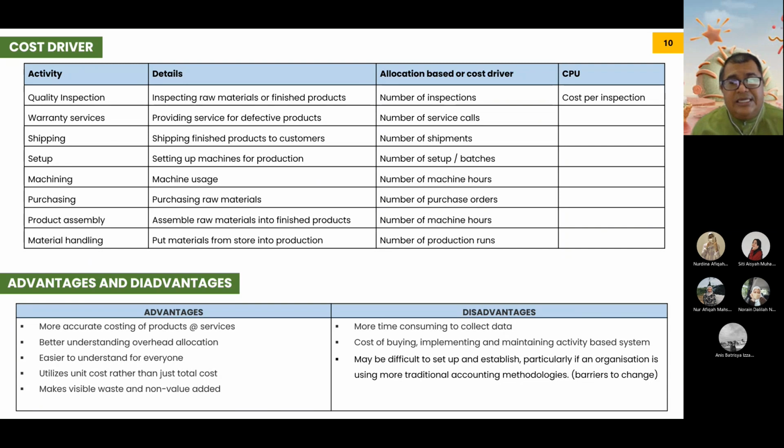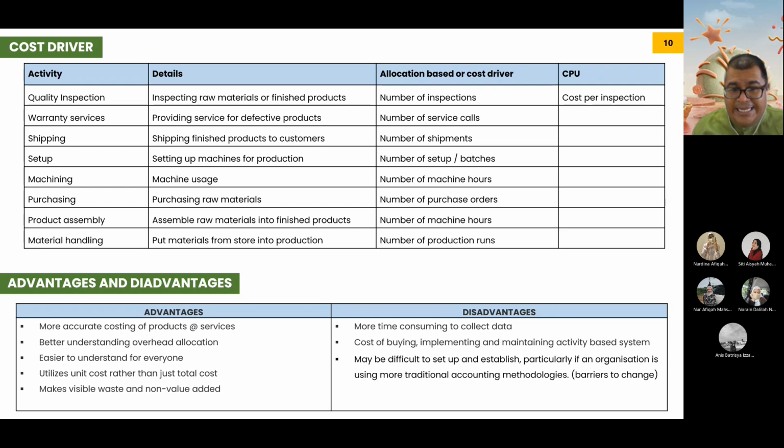Okay, the disadvantage of ABC, more time consuming to collect data because you kena key in banyak benda dalam sistem you. Dia sebab you kena kerja dia sangat tedious, one by one, product by product you need to key in dalam sistem.